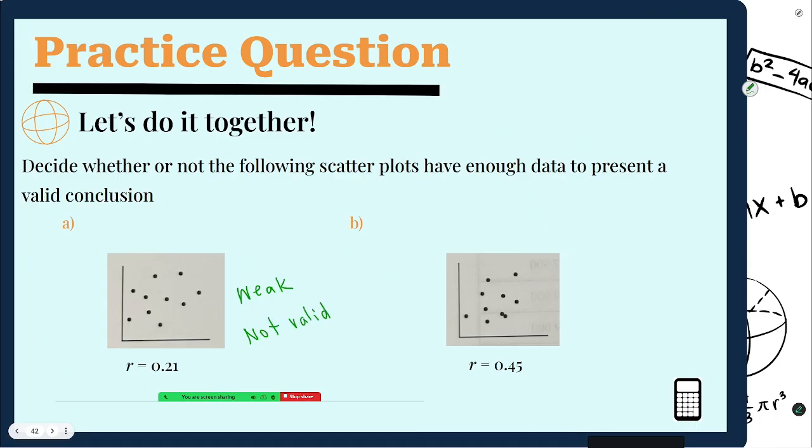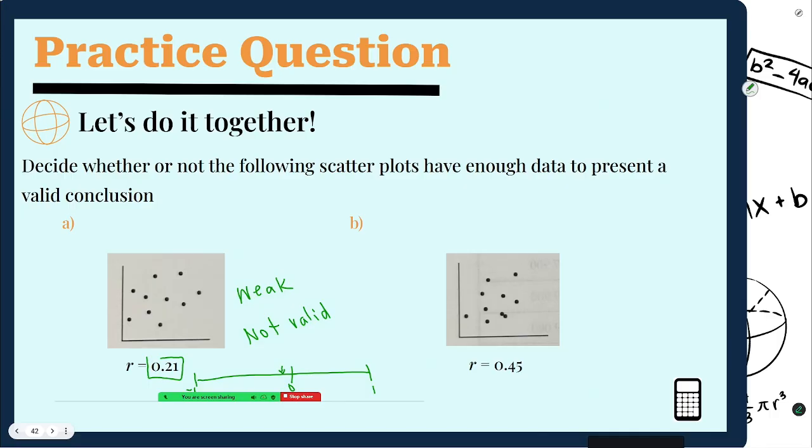Because 0.21, if we think of that number line, with 0, +1 on the far right, -1 on the far left, remember, the closer you are to 0, the less strong your correlation is. So it's not valid because 0.21 is really close to 0.